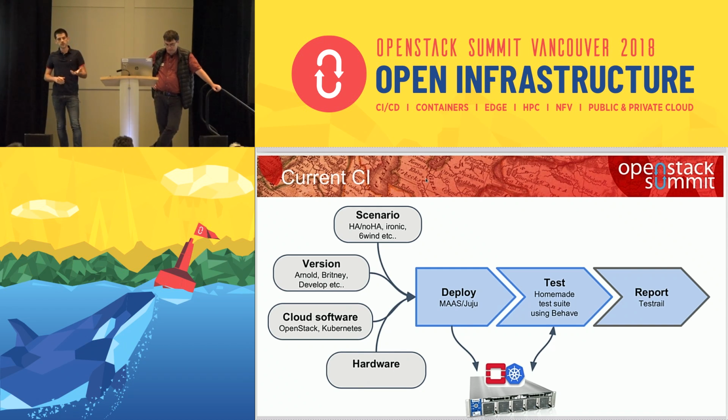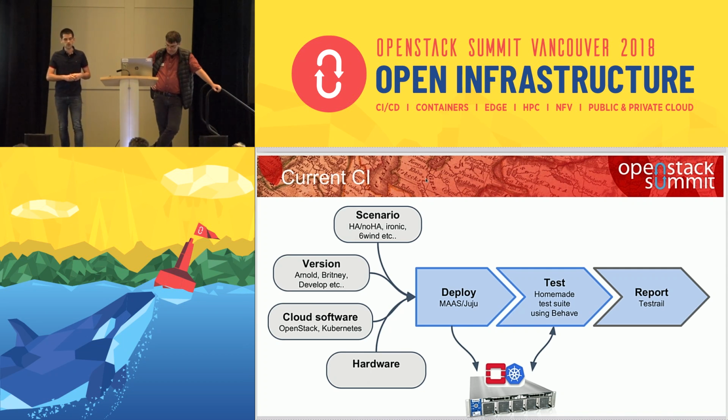So currently, the continuous integration process workflow is this. We can deploy HA or no HA, with or without Ironic, with or without acceleration. We have different versions. For example, for Kubernetes, we have the Kontron versions, so Arnold, Brittany, and the development one. And we have the two software stacks and different hardware.